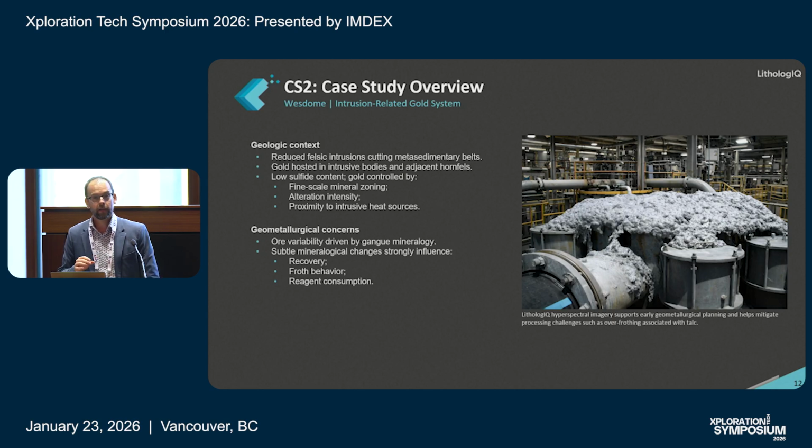And because of the presence of some minerals we identified here, this might lead to a metallurgical challenge, because the ore has great variability that is driven by gangue mineralogy. Subtle mineralogical changes strongly influence the recovery, the froth behavior, and the reagent consumption as well.